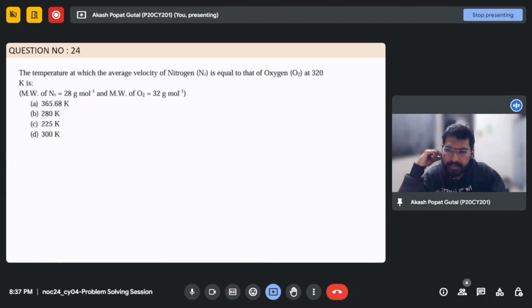So the next question is: the temperature at which the average velocity of nitrogen is equal to that of oxygen at 320 Kelvin is. So this is also a standard question. We can solve it.